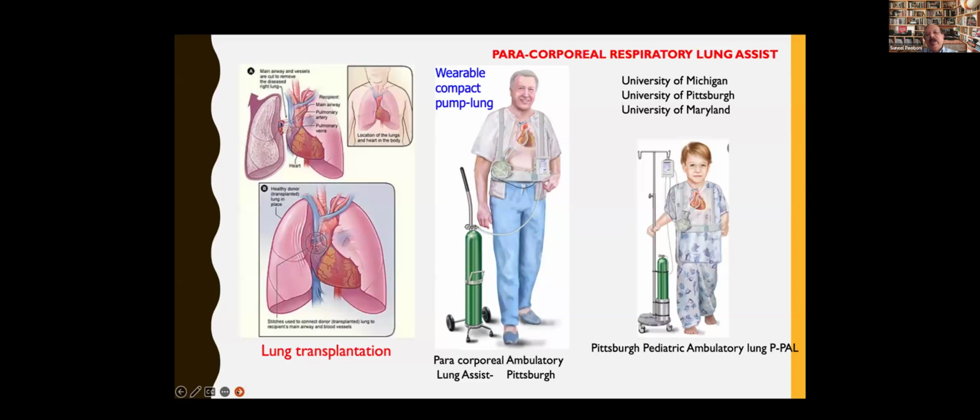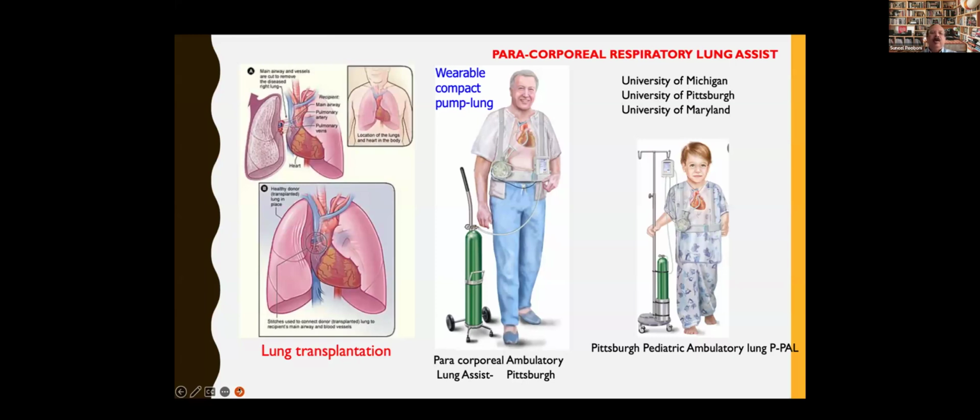In the adult world, they came up with the paracorporeal lung assisted devices, like this man and this child on ECMO, as well as with this paracorporeal lung assist, just with oxygen provision, they can walk around here till either the lung heals or till bypass, and then either heart lung or lung transplant becomes available.